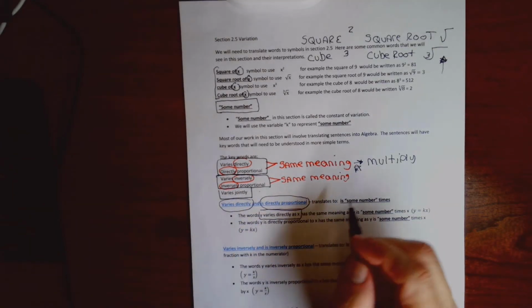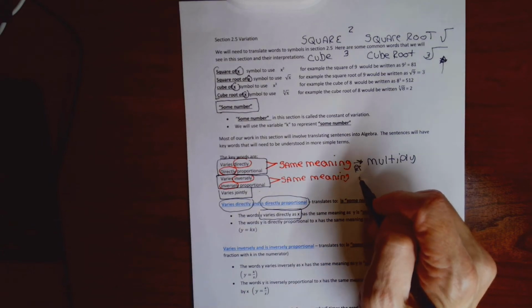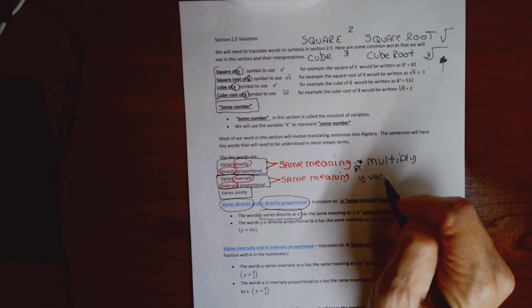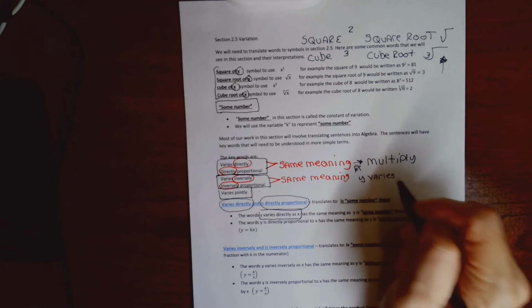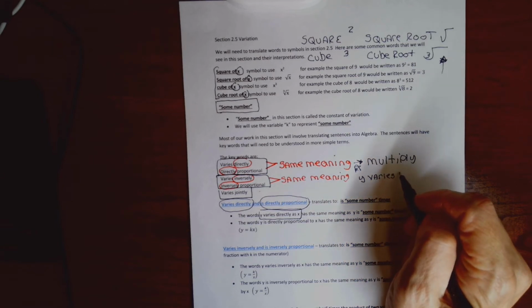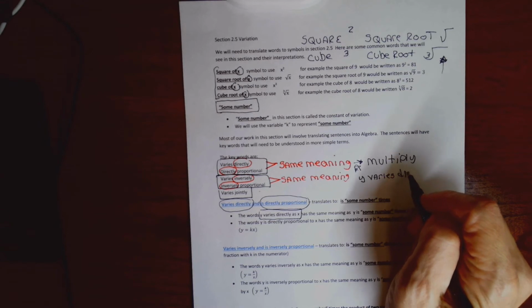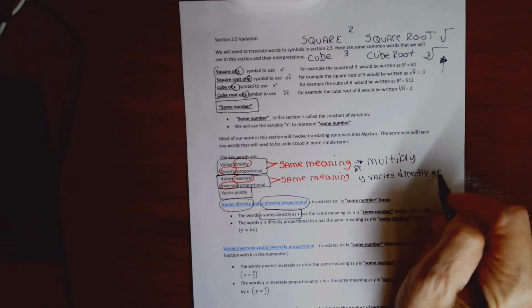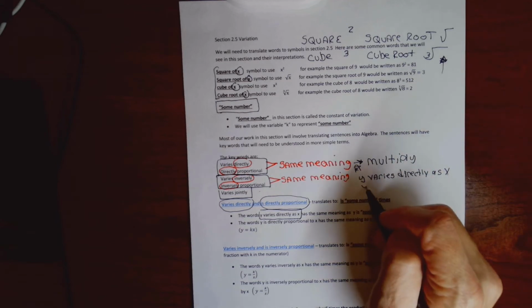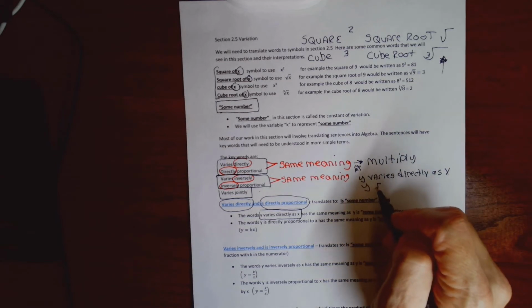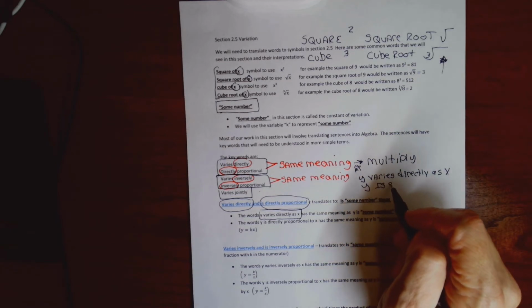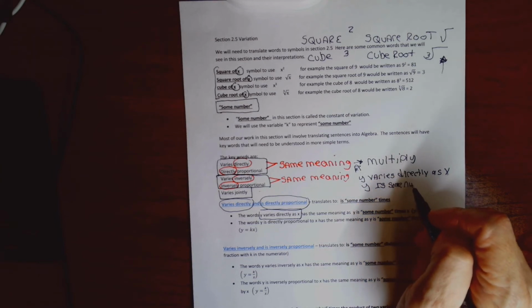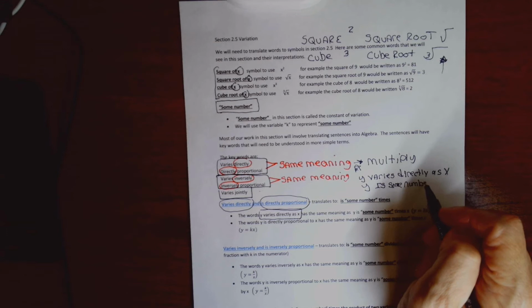What I've done in my typing here is take the part of the sentence that has the key words, y varies directly as x, and immediately in my mind, I'm rewriting it.